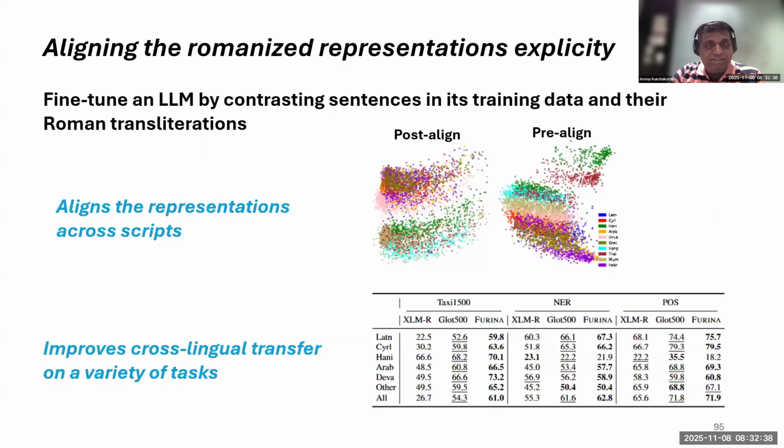There is some inherent alignment that naturally happens by simply pre-training, but you can explicitly have objectives also to align the Romanized representation and the native representation, and this can help cross-lingual transfer in a variety of tasks.